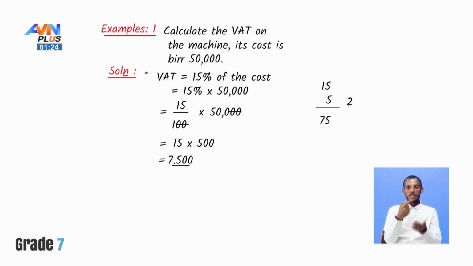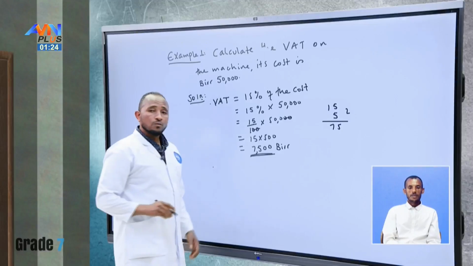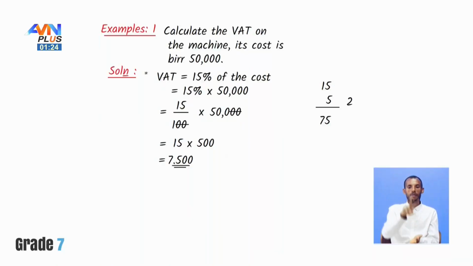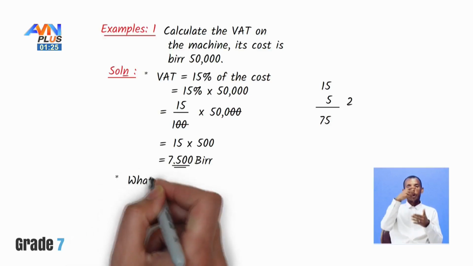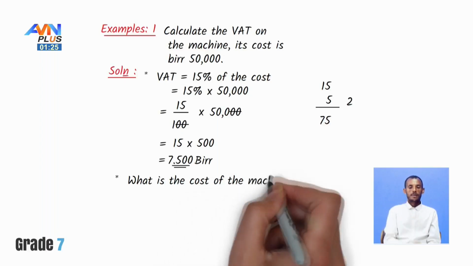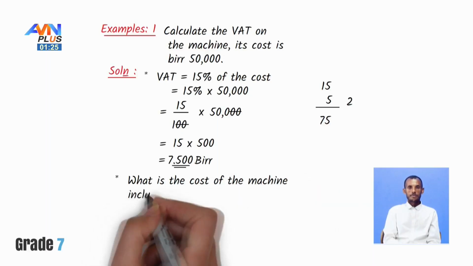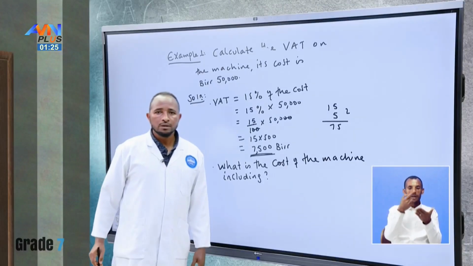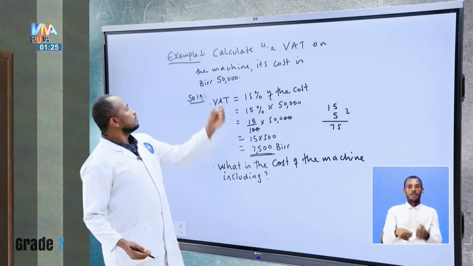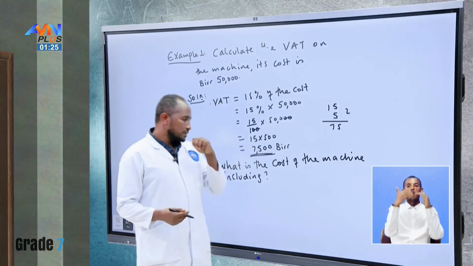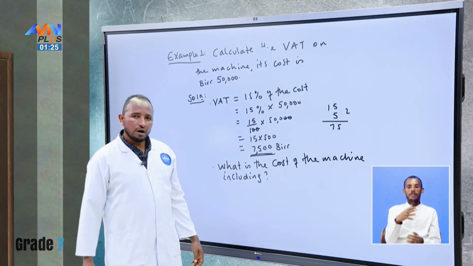So in this question, what will be the cost of the machine including VAT? Here, the cost before VAT is 50,000, and the amount of VAT is 7,500.